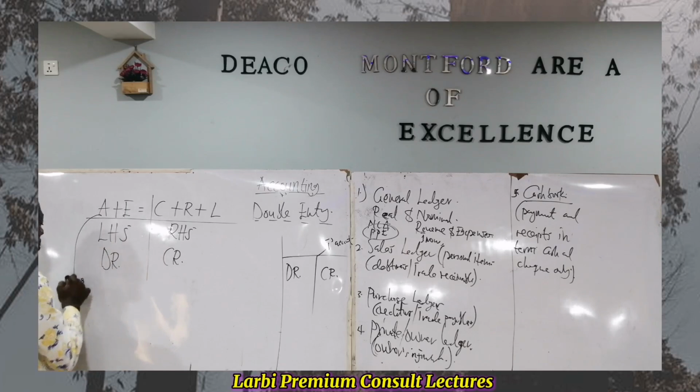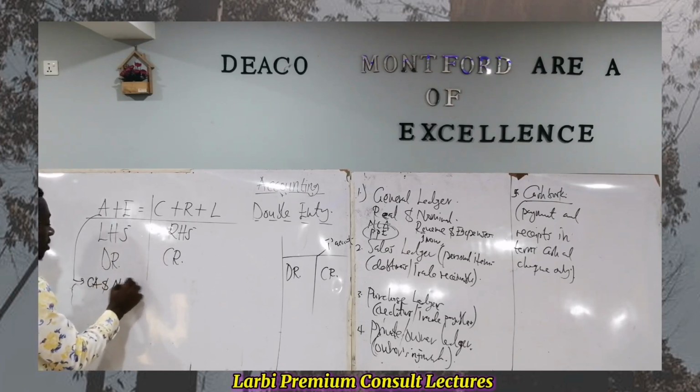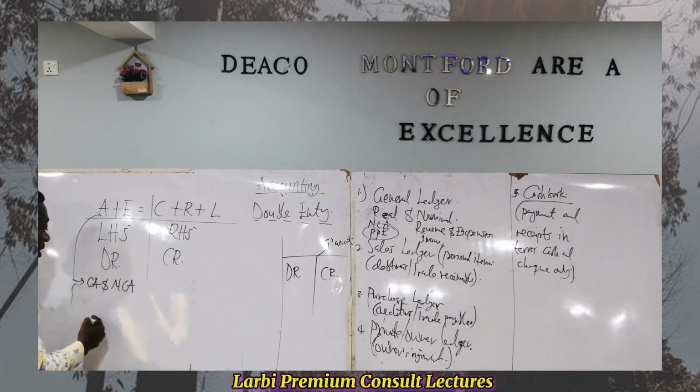On the assets, we can think of current assets and then the non-current assets. So all items that fall under the current assets, like stock, trade receivables or debtors, then cash and cash equivalents, then prepaid, all these things, all things being equal, will have a debit balance.